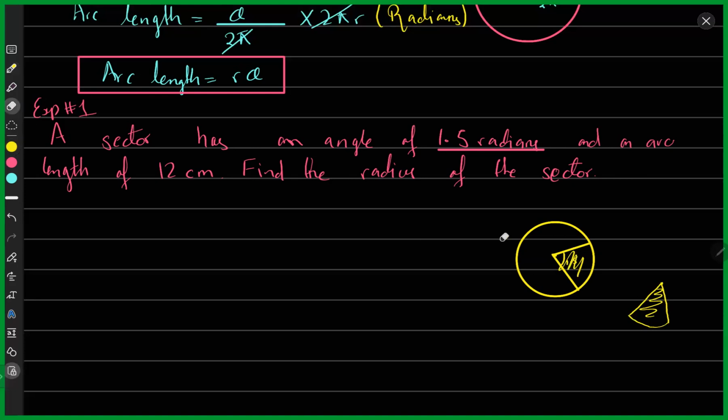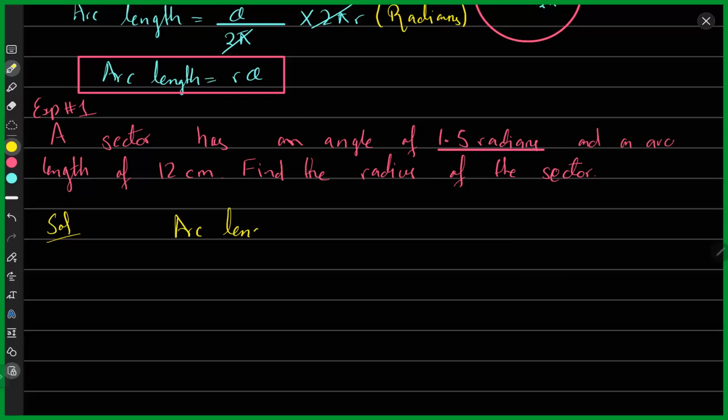Now you have been asked to find the radius. So what do we know? We know that the arc length, now the angle is in radians, so the arc length is equal to r theta. The arc length is 12 centimeters and the angle is 1.5 radians.